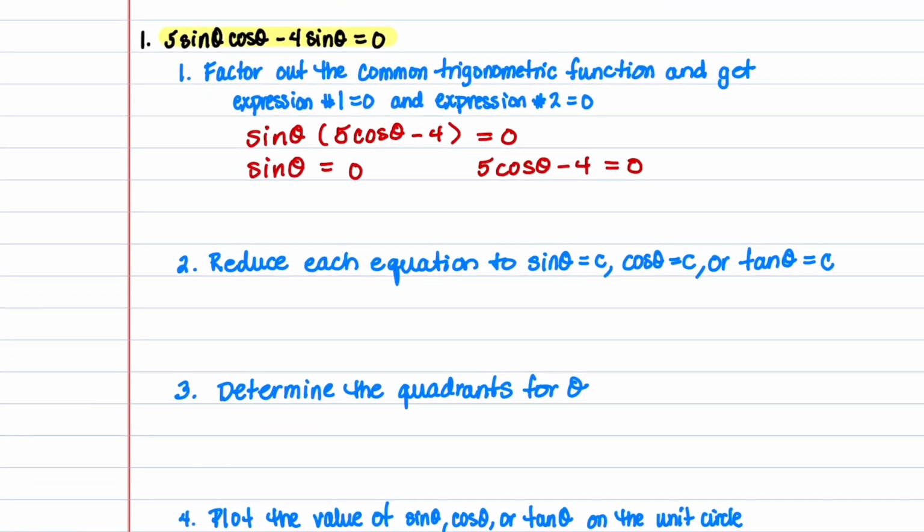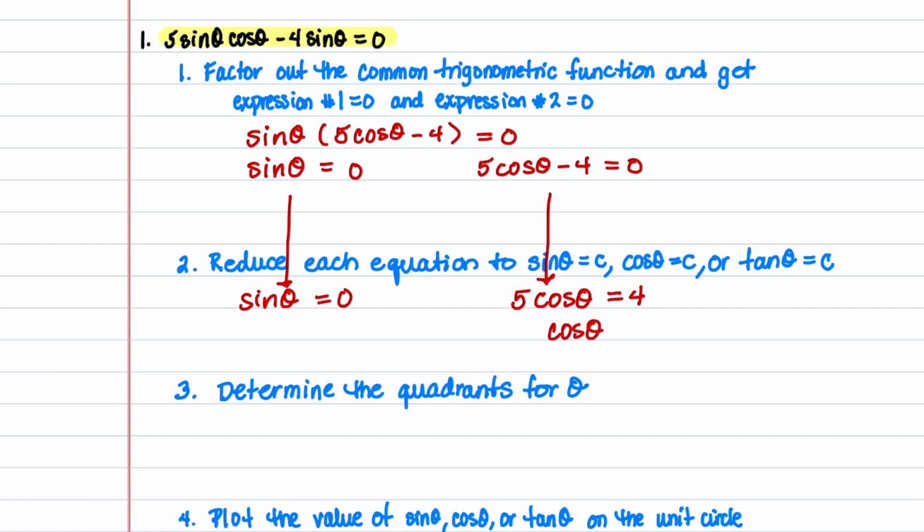We'll now reduce each equation to just sine theta, cosine theta, or tangent theta is equal to a constant. Our first equation is already done, so we'll just recopy that. We have sine theta is equal to 0. And for our second equation, we need to solve for cosine theta. So we'll pull the 4 to the right-hand side. This gives us 5 cosine theta is equal to 4.